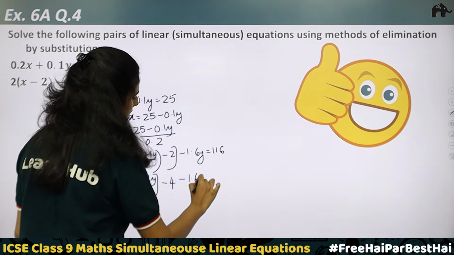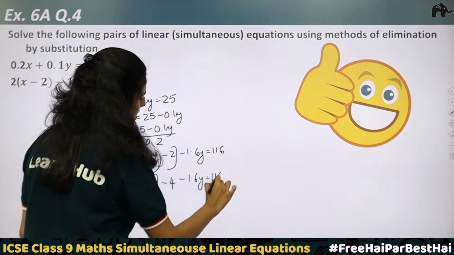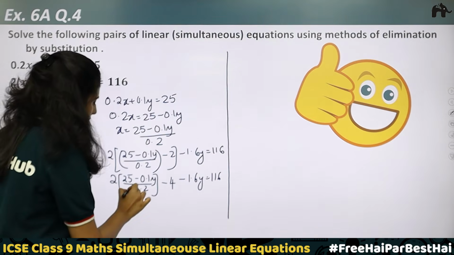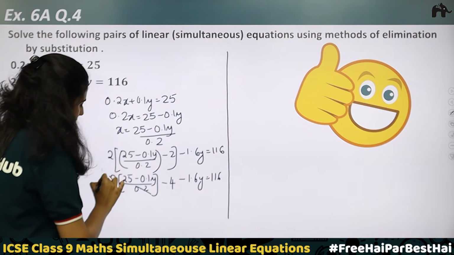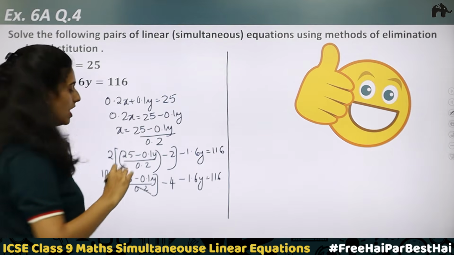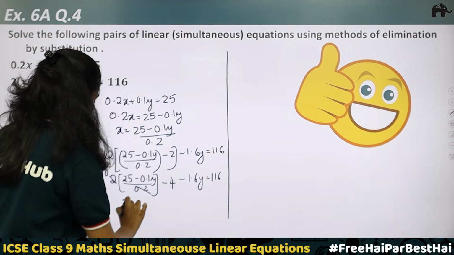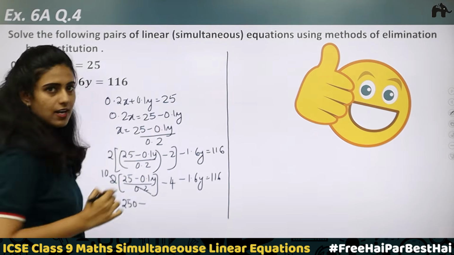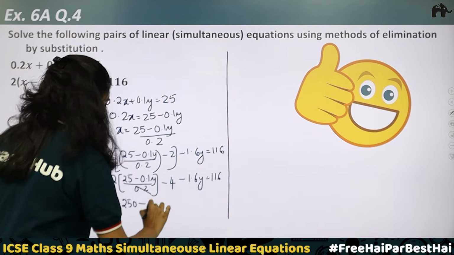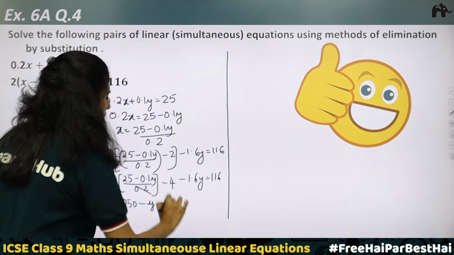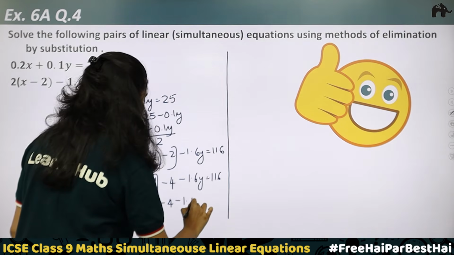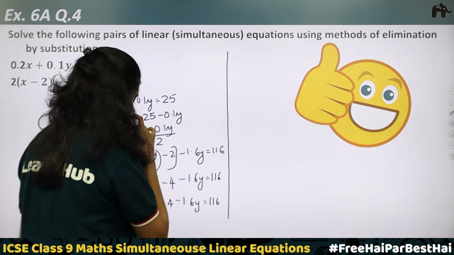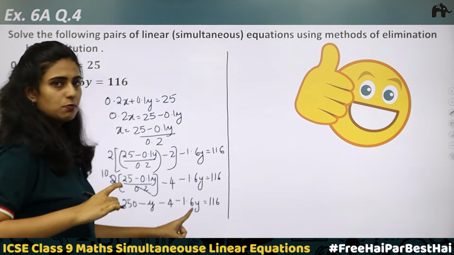Minus 1.6y is equal to 116. Okay. Now this 0.2 and 2 can be cancelled. You will be getting 10 here. 10 into 25 is 250 minus 10 into 0.1y is y, minus 4 minus 1.6y is equal to 116.